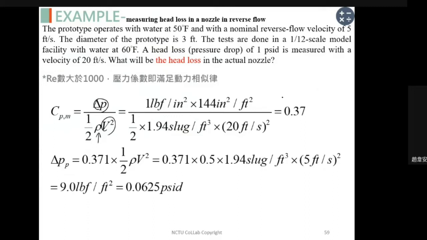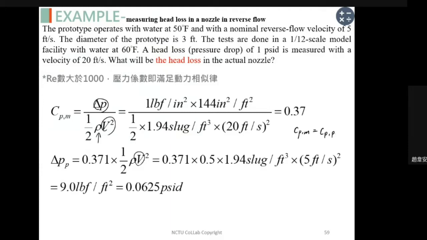So the pressure coefficient is equal to 0.37, and we know that the pressure coefficient in the model should be the same as the pressure coefficient in the prototype. Then we can compute, because the question already tells us the flow velocity is 5.